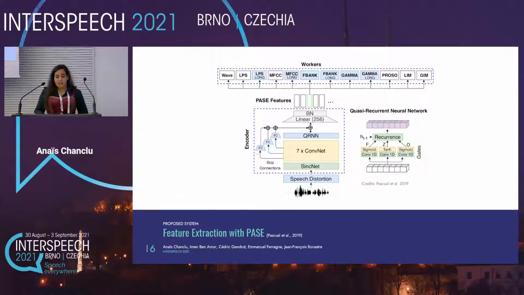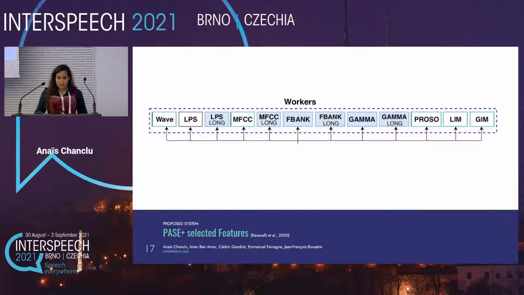The embedding extractor is optimized to achieve different objectives materialized by a set of workers. For our task, we use the PASE+ encoder with the set of workers we consider most useful. These workers are the waveform, the MFCC, the prosody, the local infomax, and the global infomax.